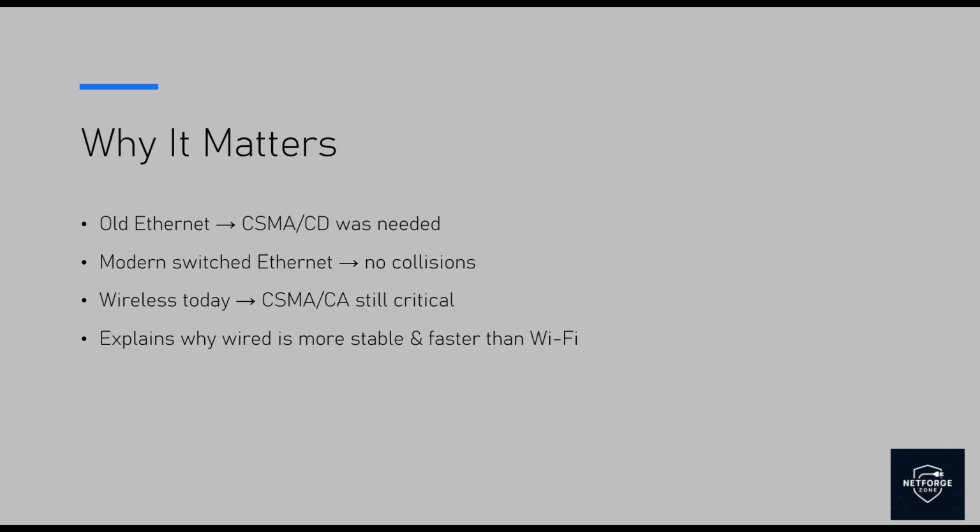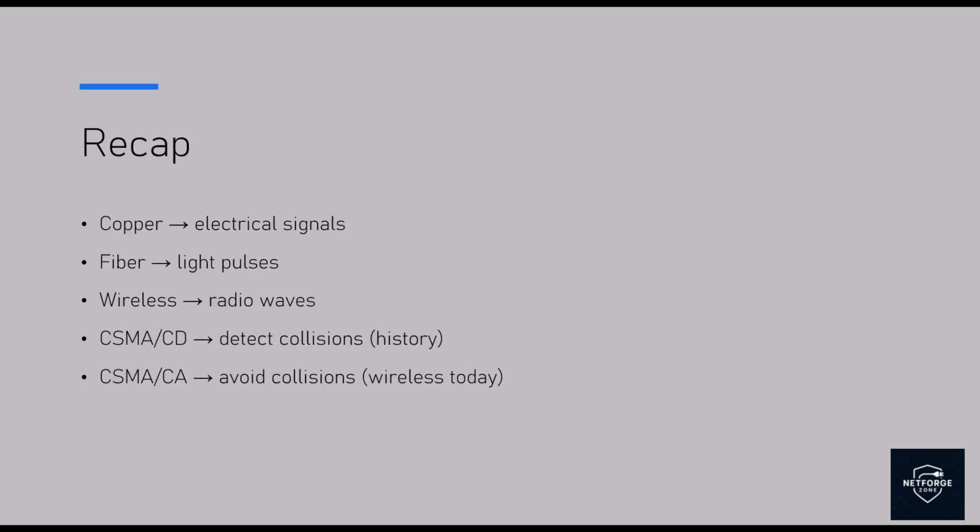And this explains why wired feels more stable and consistent. Wi-Fi gets messy when lots of people are on it. And let's recap. We have seen how copper uses electricity, fiber uses light, wireless uses radio waves, and to keep everything fair, old Ethernet uses CSMA/CD and wireless today uses CSMA/CA.